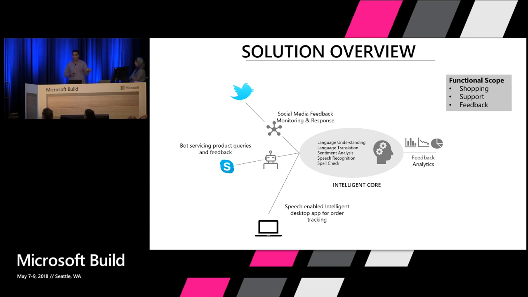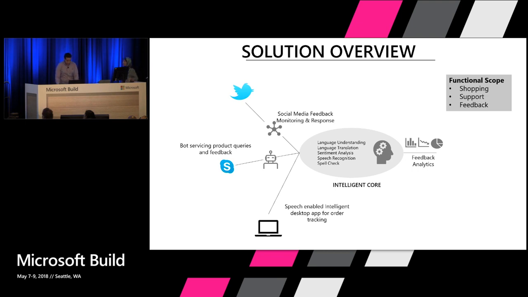We want to create a speech-enabled intelligent smart app that will allow customers to track their orders using just speech, basically. And we want to create some sort of a dashboard to create a report or some analytics over the feedback that we get from our customers.